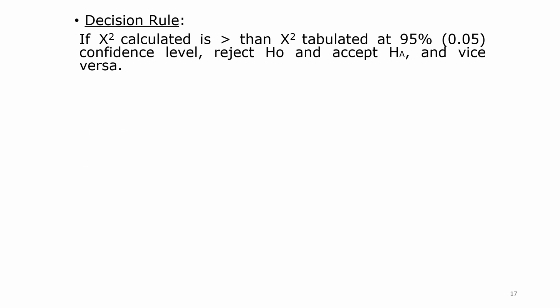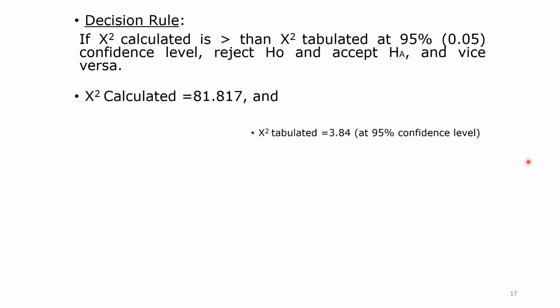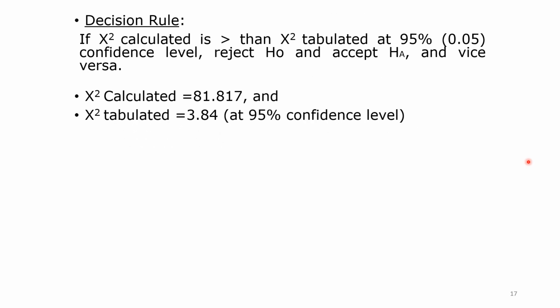So if we continue, want to take a decision, recall that if the chi-square calculated is greater than the chi-square tabulated at 95% confidence level, that is at 0.05 level, we are expected to reject the null hypothesis and accept the alternate, and vice versa. And from our example, the calculated is 81.817, which is way greater than the tabulated at 95% confidence level.